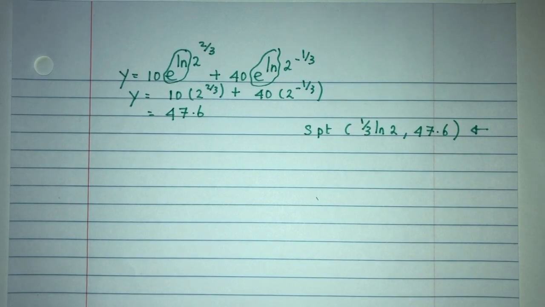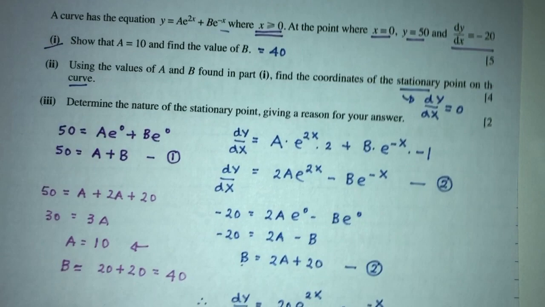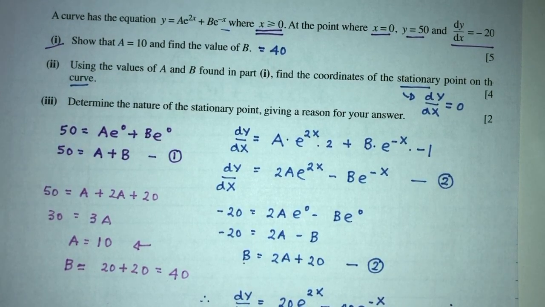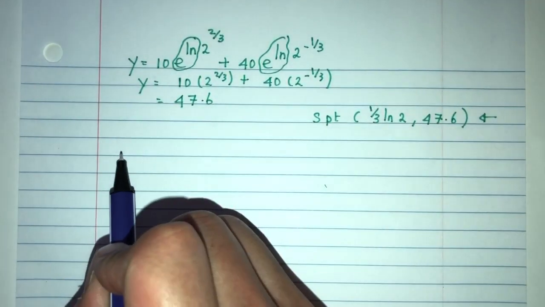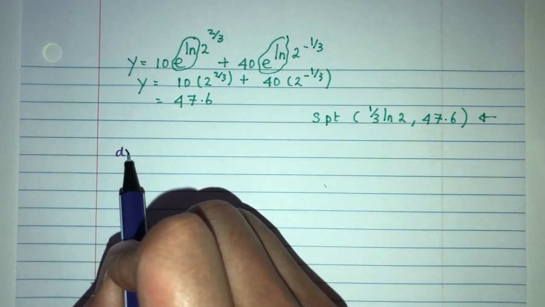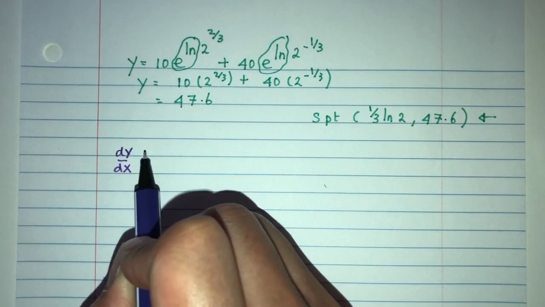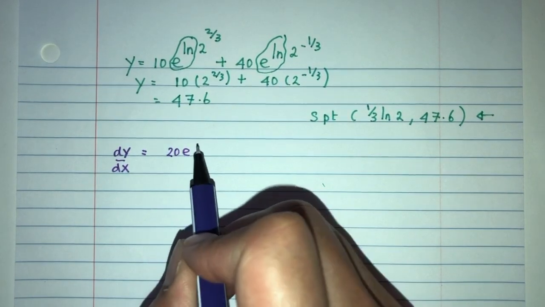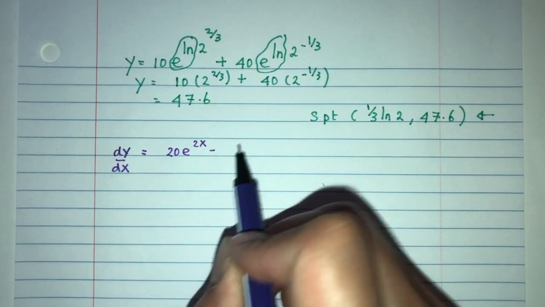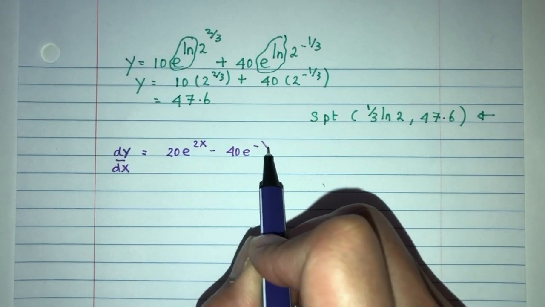Now the last question, which is determine the nature of the point, giving a reason for your answer. Now to find the nature of the point, usually you will go with to find d2y by dx2. So right now you know that dy by dx was found to be 20 exponential 2x minus 40 exponential minus x.